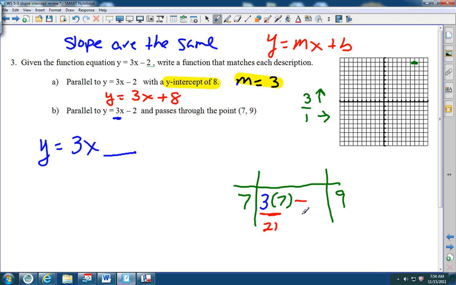I need to subtract, oh, what is that? 10, 11, 12? Subtract 12. Now, if you don't know that, take in your calculator, take this number minus 21. So you take 9 minus 21 in your calculator, it will give you negative 12. So it would be minus 12. So there's my equation.